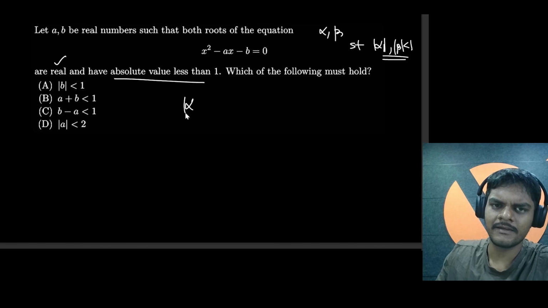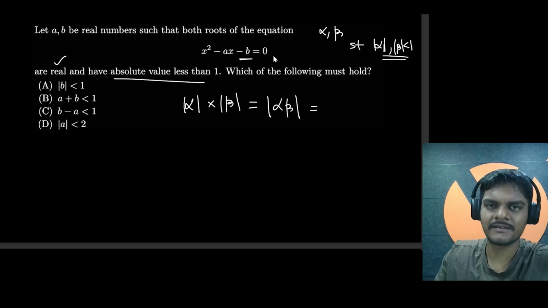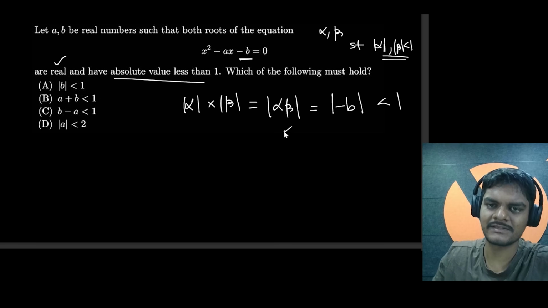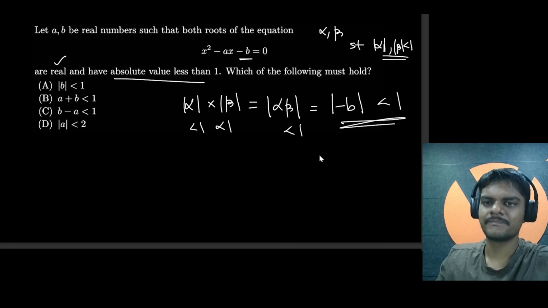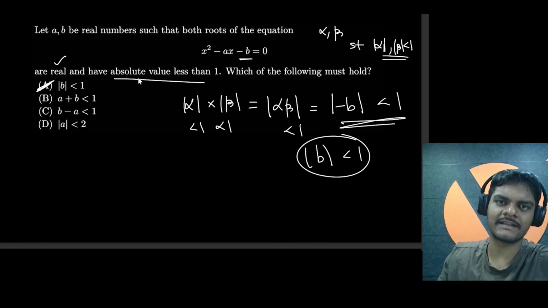Product we can say mod alpha into mod beta is mod alpha beta. And what is alpha beta? Alpha beta is minus b, so mod minus b also has to be less than 1. So that's it: mod b is less than 1. So option B is definitely correct.